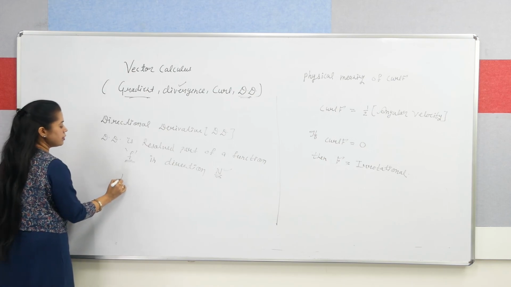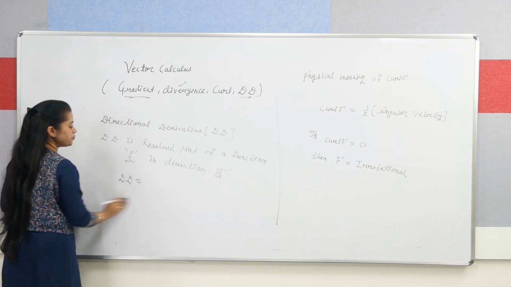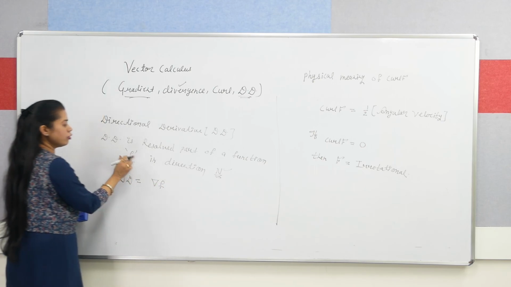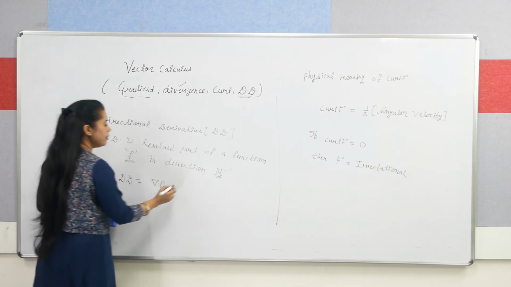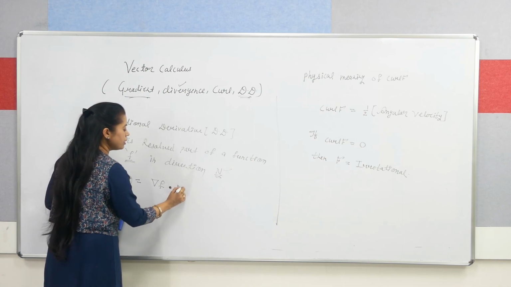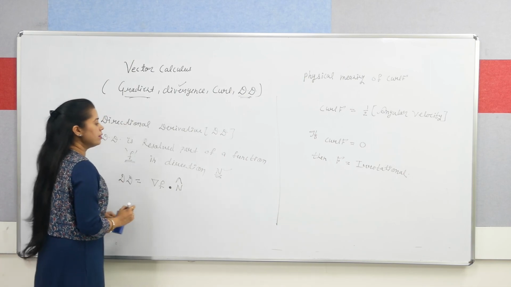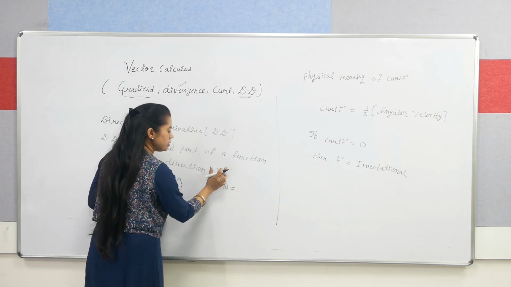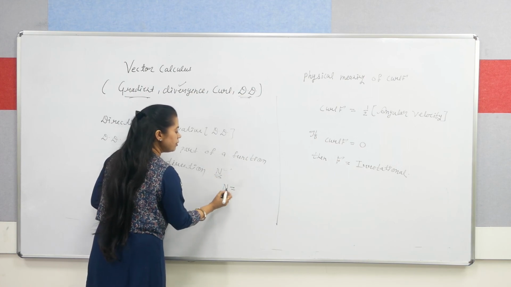So the directional derivative will be gradient f. We have to find the gradient of the given function and take its dot product with n cap. Let n be a direction. Since it's a direction, it must be a vector quantity.